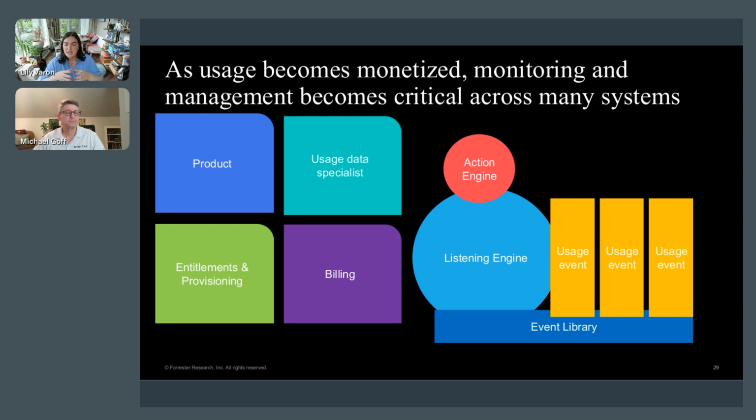The opportunity is dynamic monetization. It is about seeing and taking the insights and learning from how your customers are actually using your product and service, and then building a strategy around it.